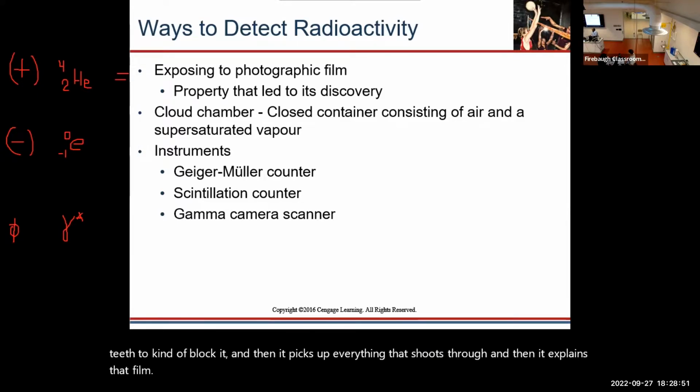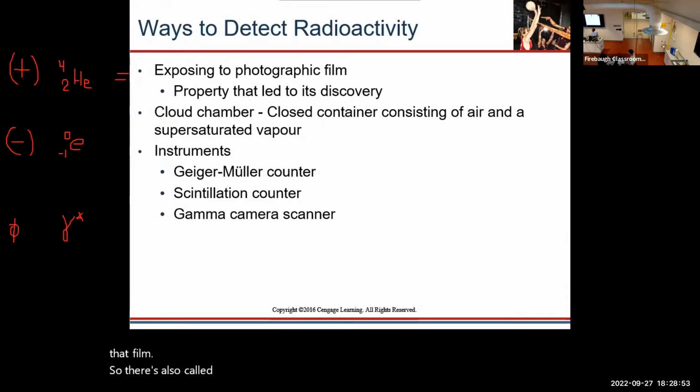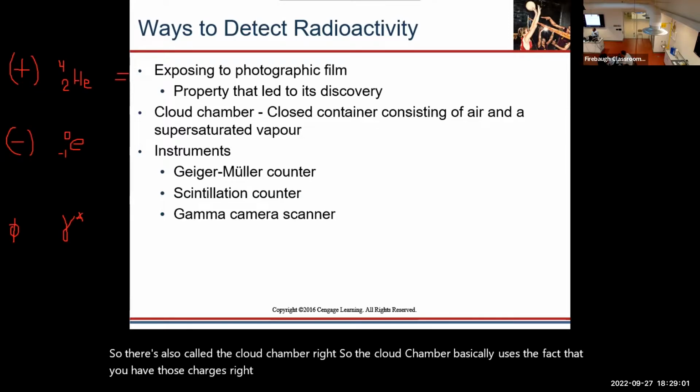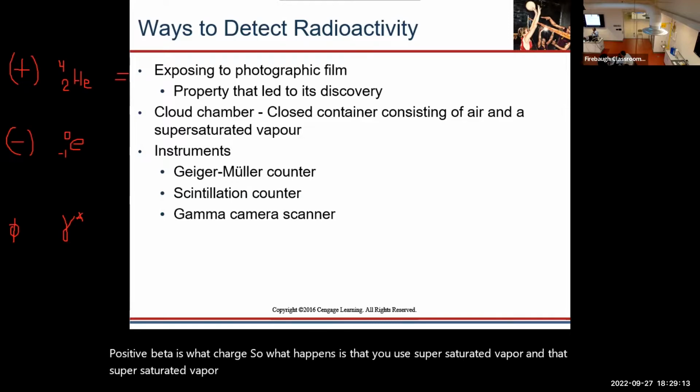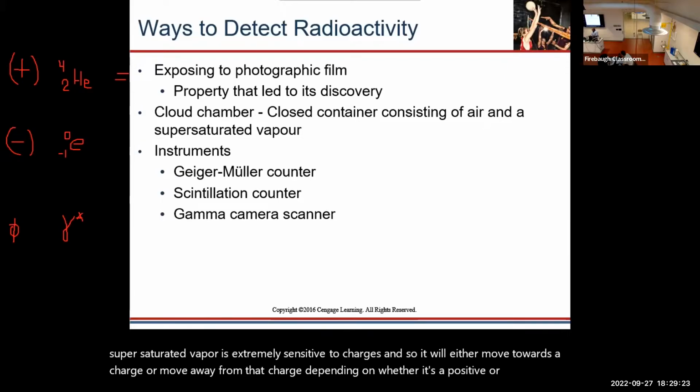There's also the cloud chamber. The cloud chamber basically uses the fact that we know alpha particles are charged positive, and beta is charged. So these supersaturated vapors are extremely sensitive to charges. So it will move towards a charge or move away from that charge, depending on whether it's positive.